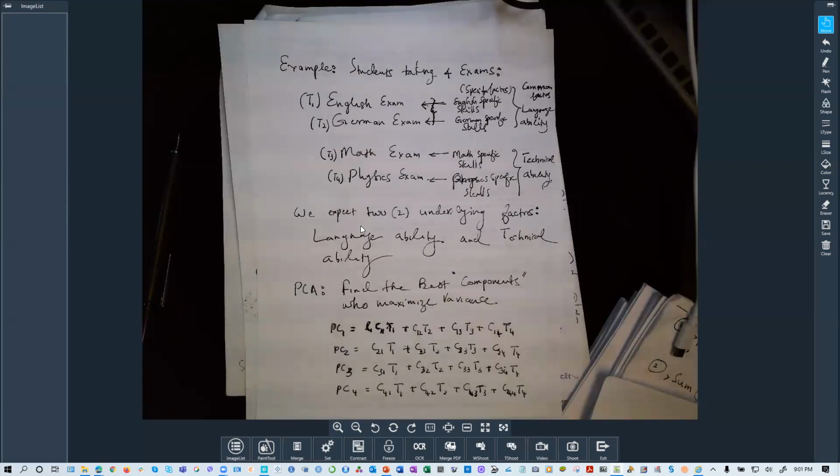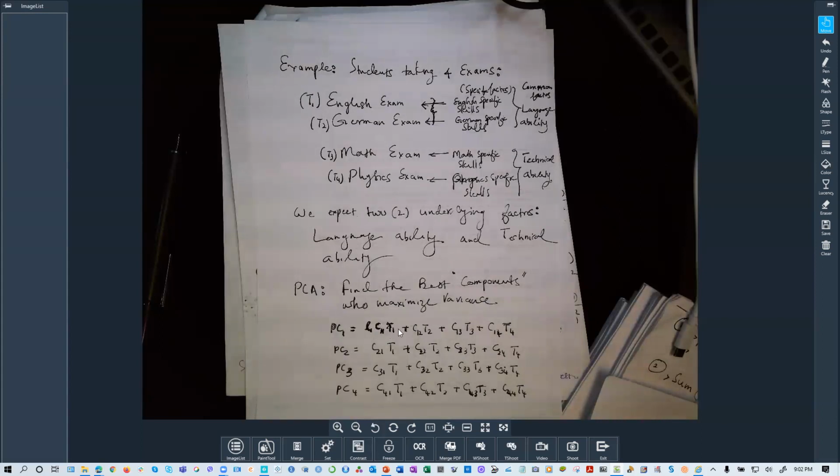They have given this exam for their undergraduate program or anything like that. Rather than taking into account all these four, we were planning to reduce the dimensionality and the unnecessary variables, to maximize the variance. That means find the best component that will maximize the variance. So that's why we are writing the principal component.